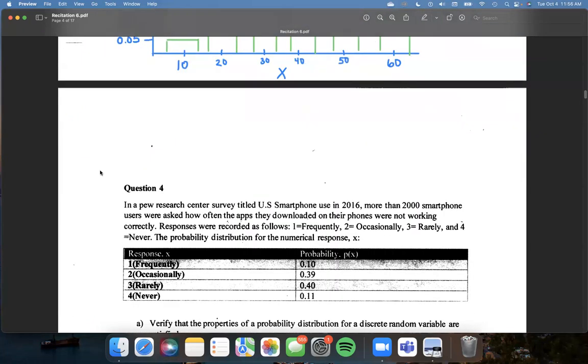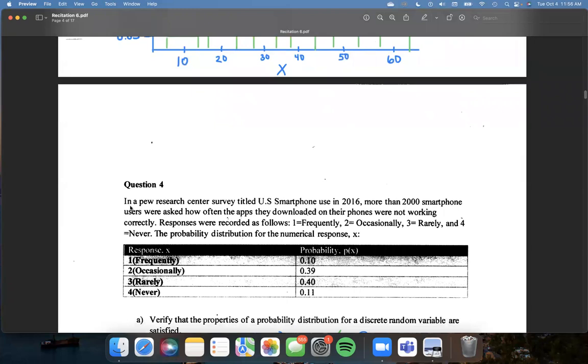Next is question 4. In a Pew Research Center survey titled U.S. Smartphone Use in 2016, more than 2,000 smartphone users were asked how often the apps they downloaded on their phones were not working correctly.